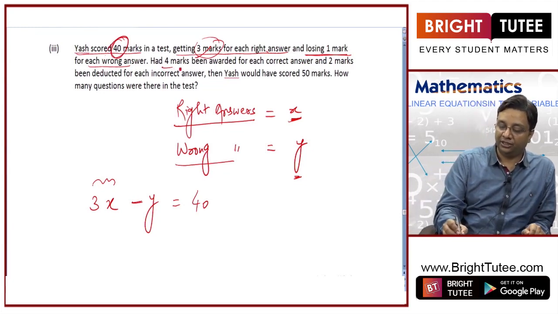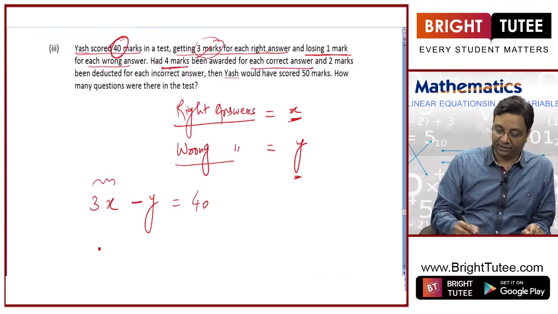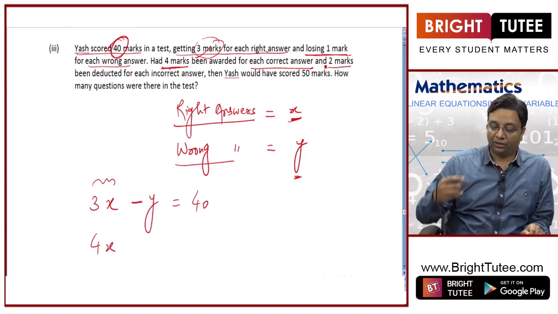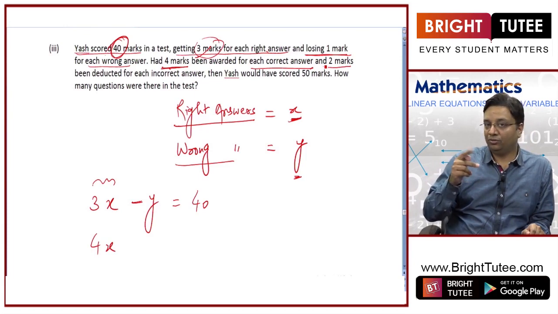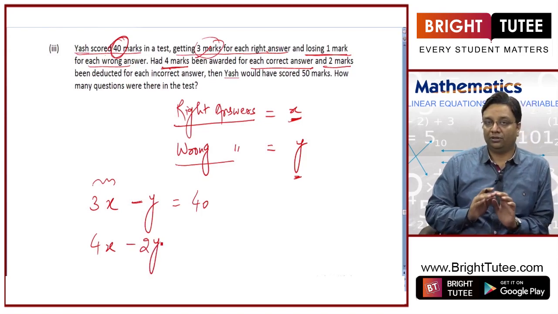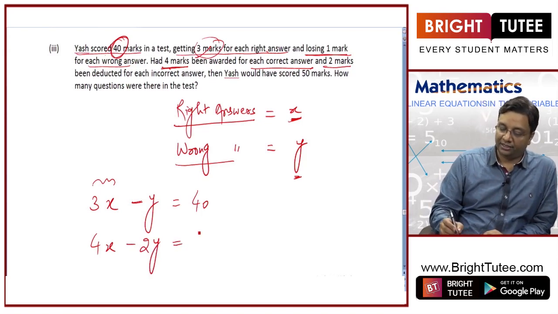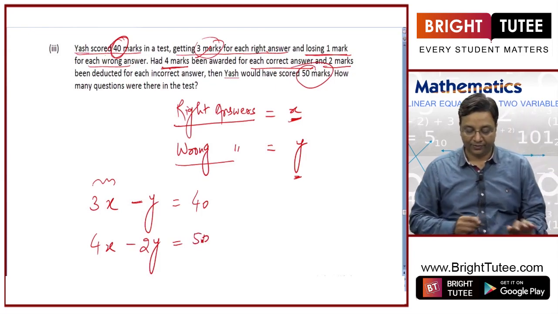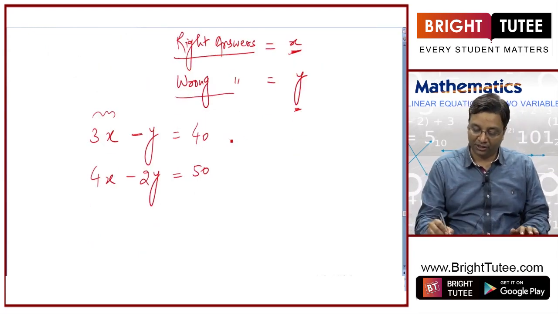In second situation, 4 for each correct, that is 4x for correct answers, and 2 for incorrect. So 2 marks will be deducted for each incorrect answer, hence 2y marks will be deducted for wrong answers, and he will get 50 marks in this case. So this gives me my two equations, equation number 1 and equation number 2.